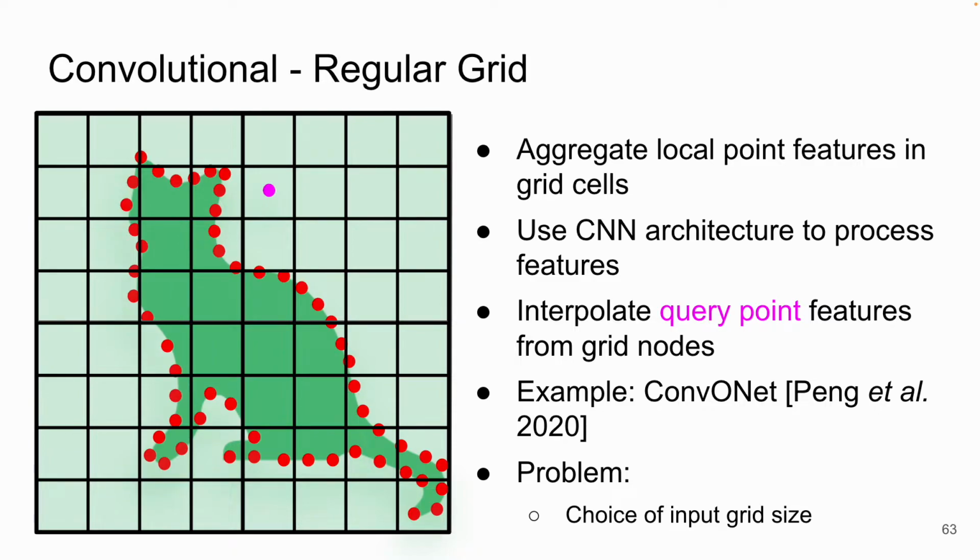Taking a dense grid will simply not scale to large scenes, so remember this is actually in 3D. And taking a coarse grid may aggregate too many points in one cell and thus lead to a loss of information. So this makes it hard to efficiently train on point clouds with different densities.